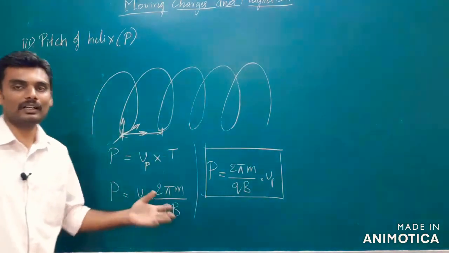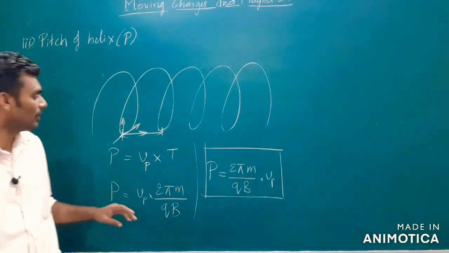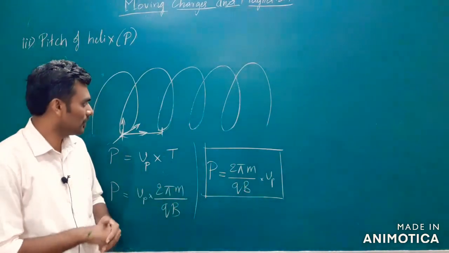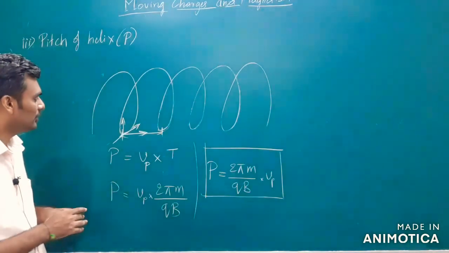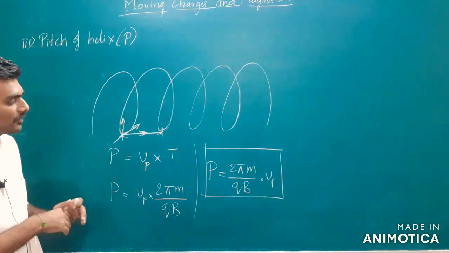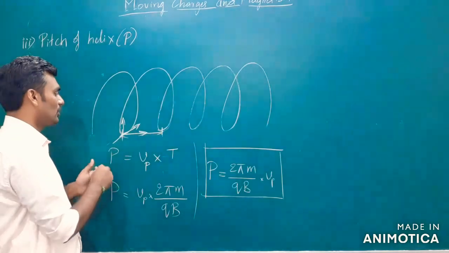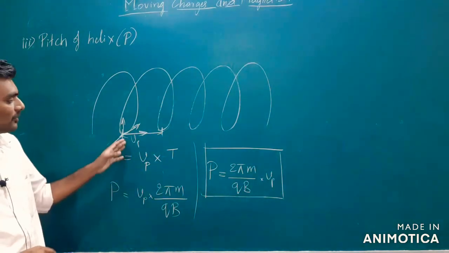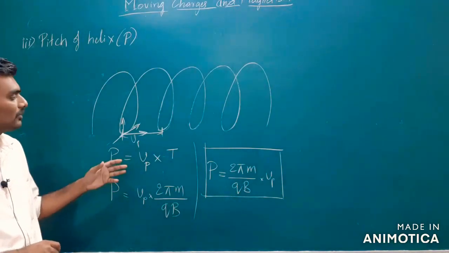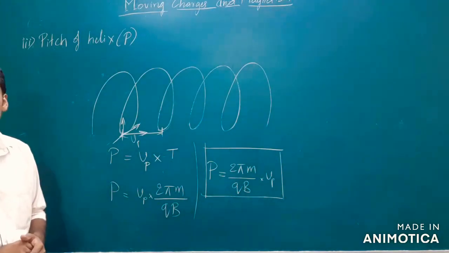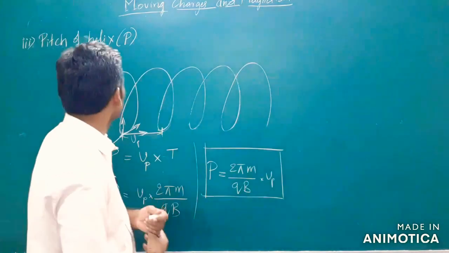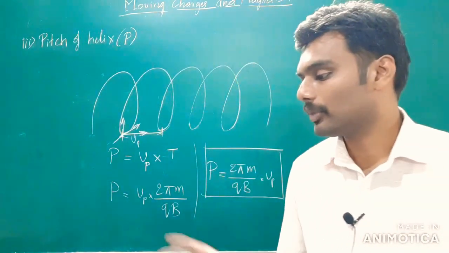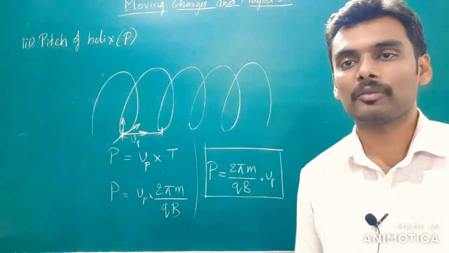Not regularly asked in boards, and even in problems, but keep this in mind. Very easy, nothing much complex in it. Vp is the horizontal component of velocity, and the rest is mass of the body, charge of the body, and magnetic field in which the body is thrown. Clear? So that is about pitch of helix. The third part's mathematics, a little math part.